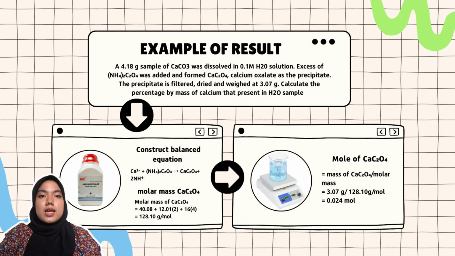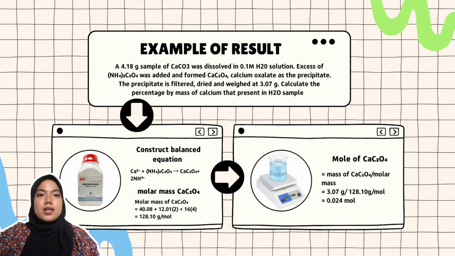So, in this case, we have to find the percentage of mass of calcium in the water sample. First things first, we have to construct a balanced chemical equation after the calcium ion is added with the ammonium oxalate, forming calcium oxalate as the precipitate in this case.